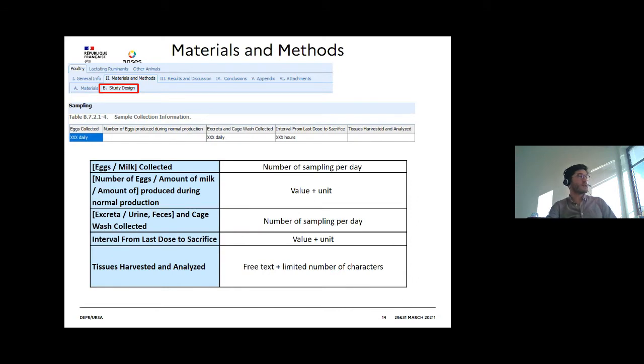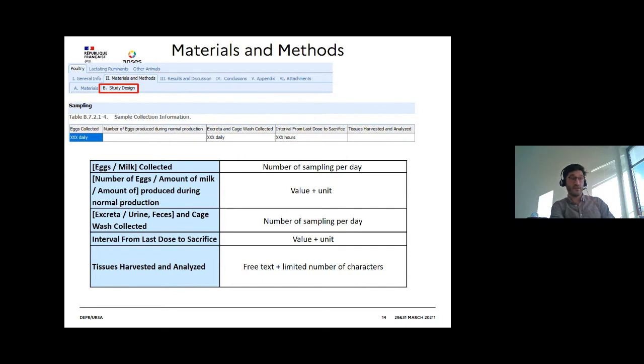The next table in Part B study design deals with sampling information collection. The number of samplings per day for eggs or milk, depending on the livestock tested in the metabolism study, is detailed in the first column. Then data about the number of eggs or amount of milk produced during normal production is collected in the second column.